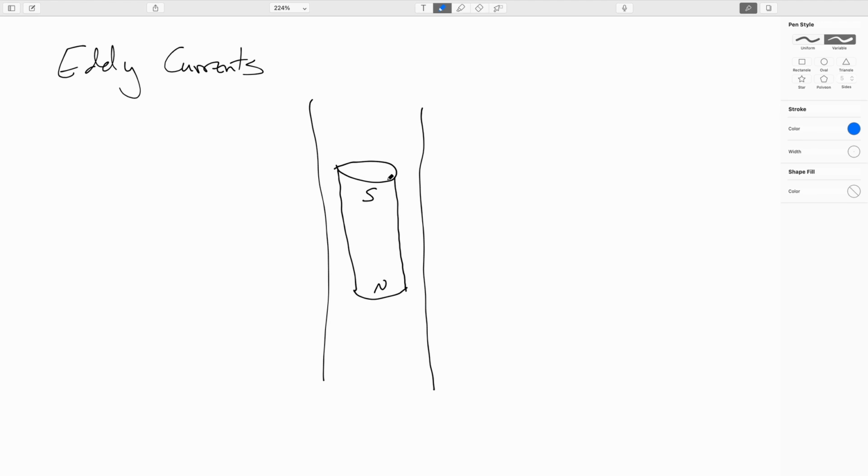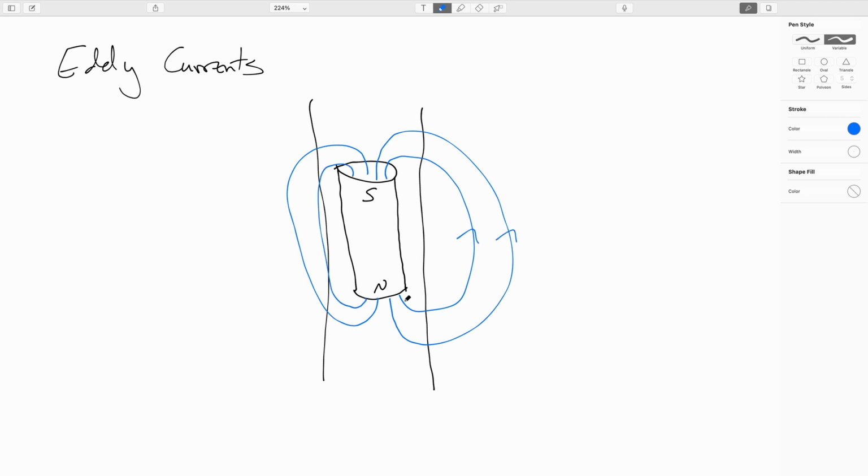So let's just draw a few magnetic field lines here and here. All right, so we'll be doing something like this. Now the way to think about this is think about little washers, like little thin rings of the copper pipe, immediately above and below our falling magnet.